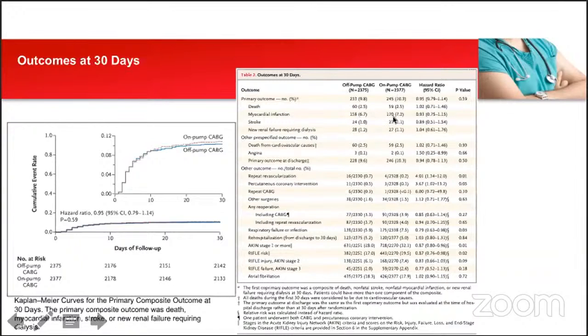MI 6.7 versus 7.2. Rate of stroke 1% versus 1.1%. And new renal failure requiring dialysis 1.2% in the off-pump versus 1.1% in the on-pump arm.